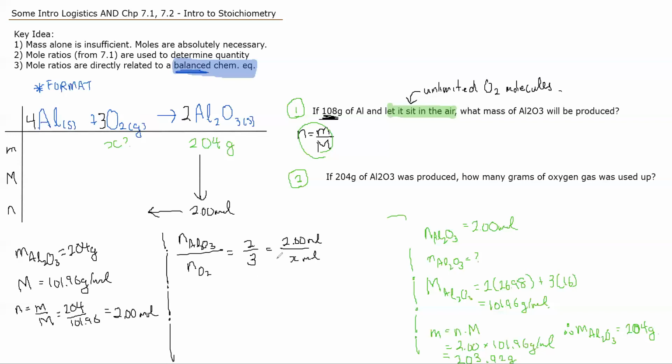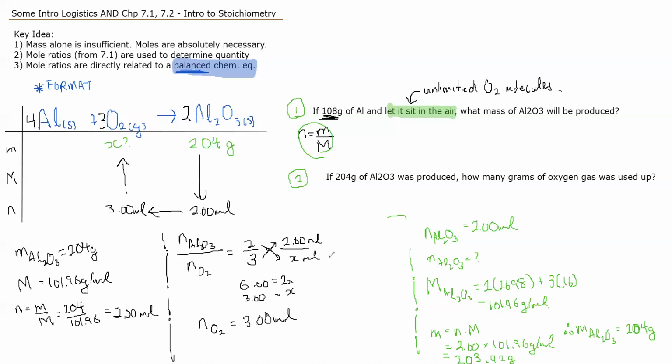Well, again, you could use common sense, but I'm going to pretend I don't know common sense. I am going to cross multiply. This is going to be 6.00 equals 2x. X is equal to 3.00. The number of moles of oxygen that were used in this reaction is right there, 3.00 moles.